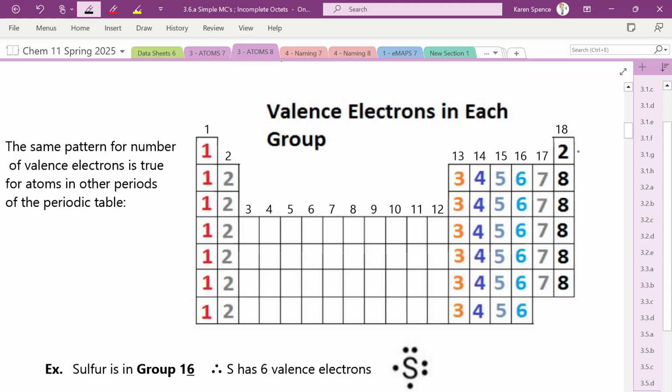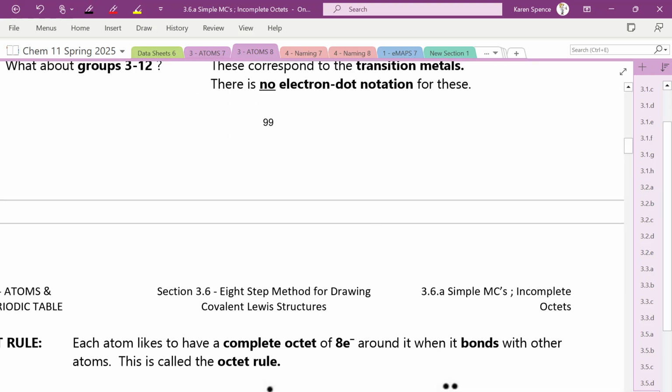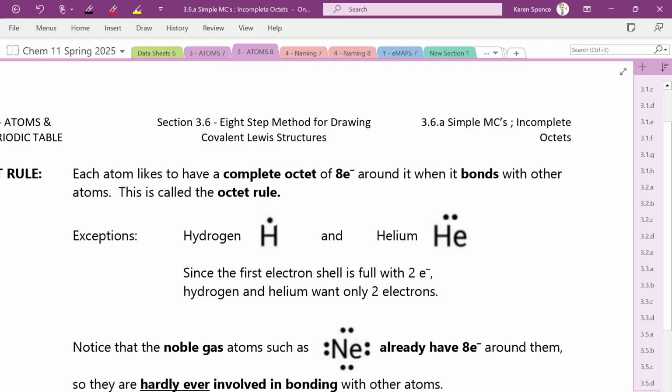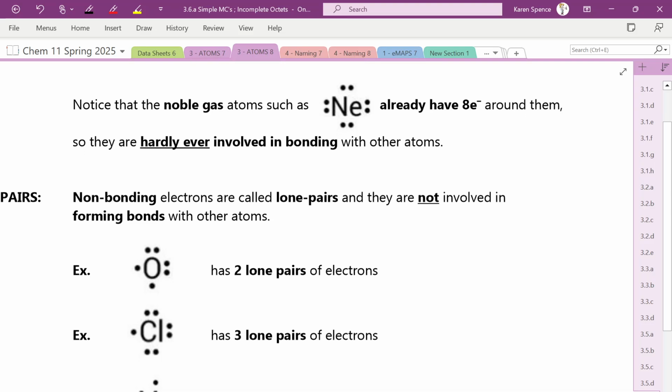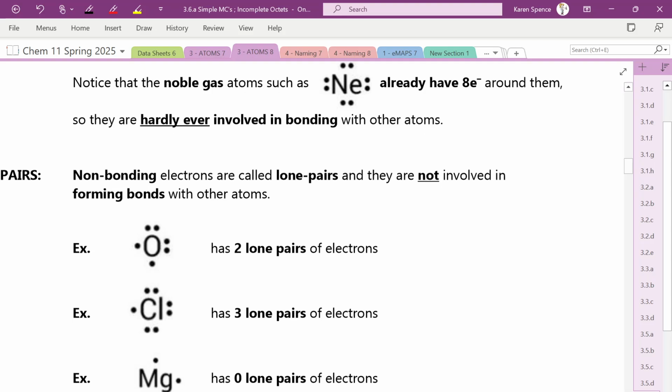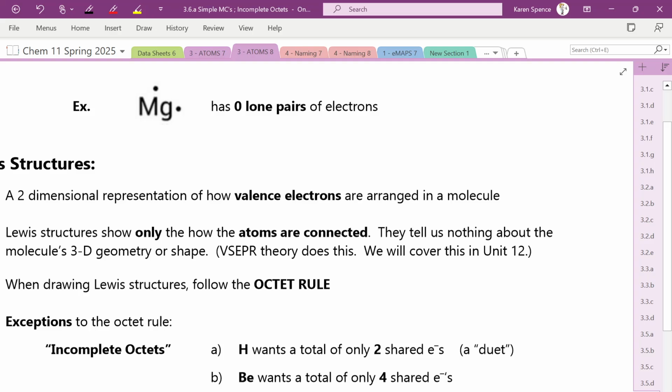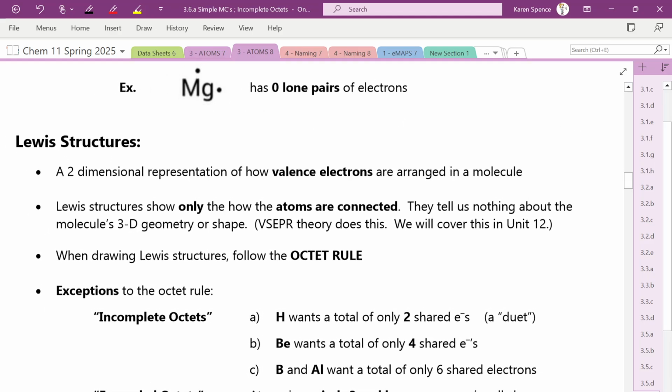When you're drawing Lewis structures, all the noble gases have 8 electrons, but helium has 2. We need to have a complete octet. Non-bonding pairs are called lone pairs. We know that. Lewis structures are 2-dimensional. That's just so you know, the real structures are not flat.